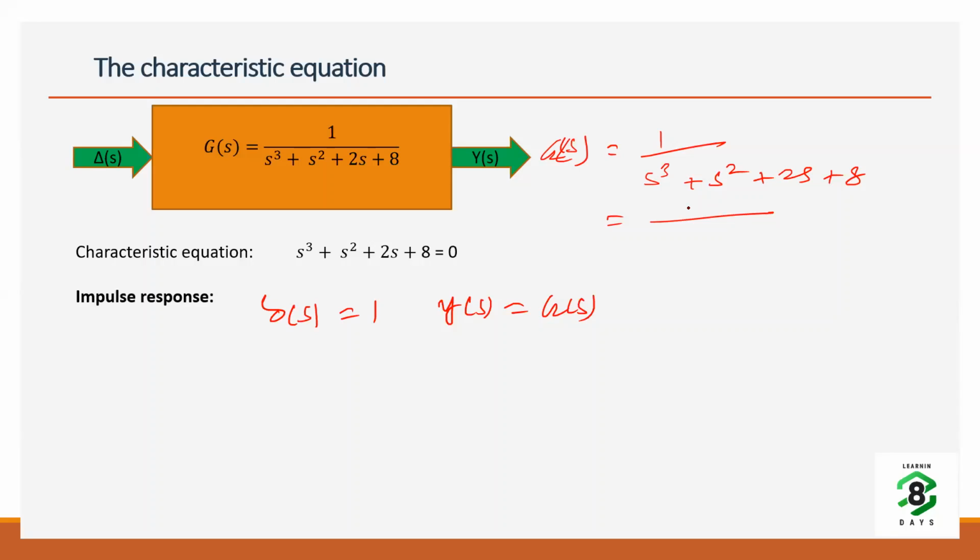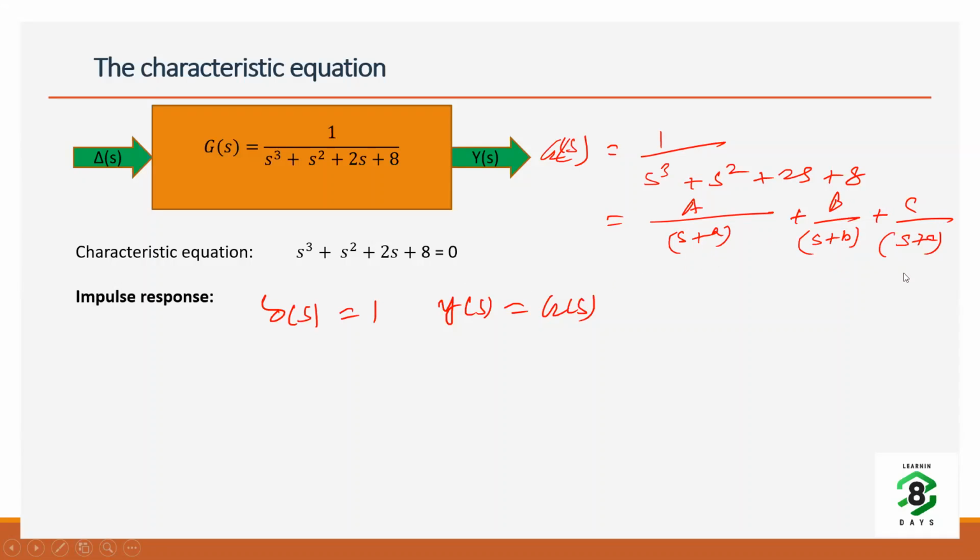Let's say the roots are a, b and c, so it will be (s plus a) and so on. I can write this equation in this form. This is the transfer function. A, b and c we can find out. We can solve this equation and find out some constants.